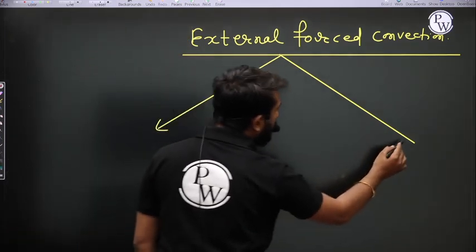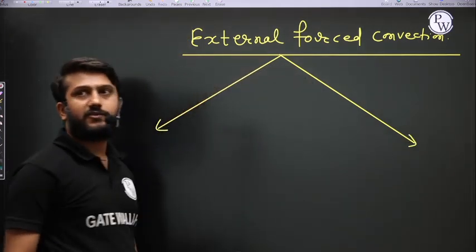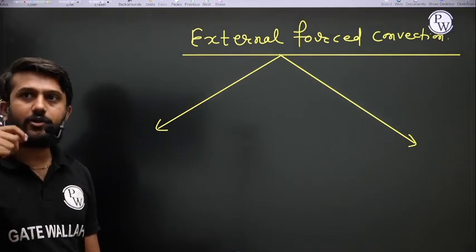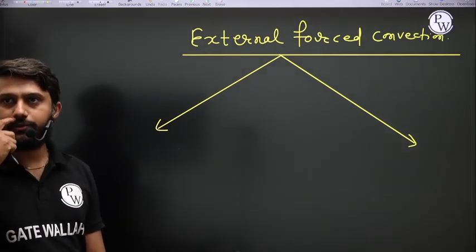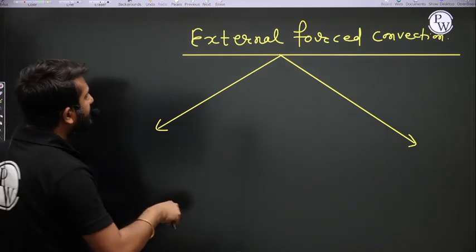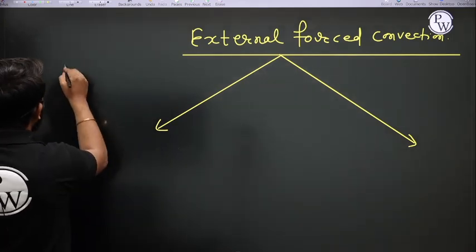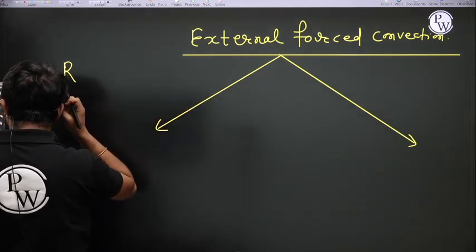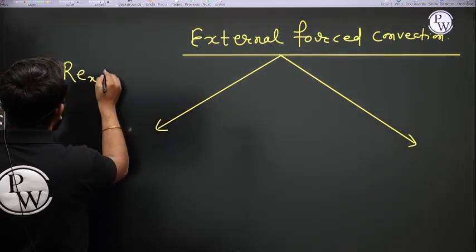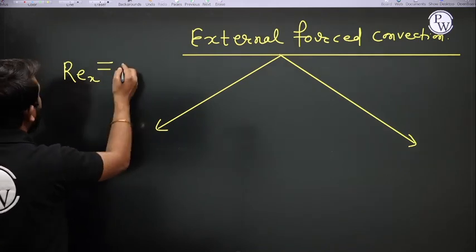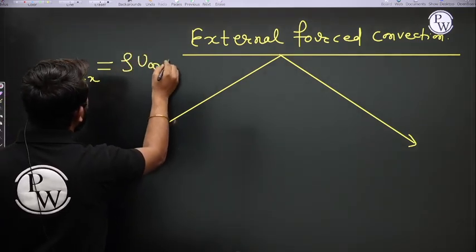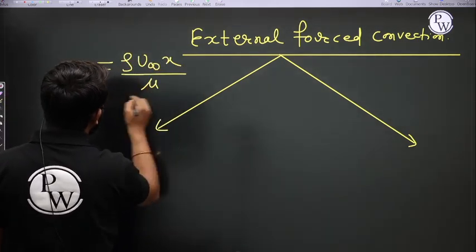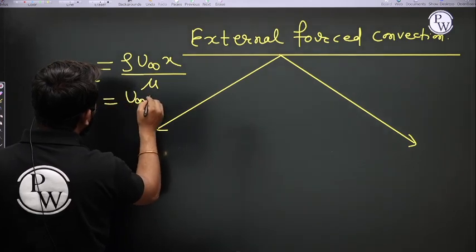And how can you identify whether the flow is laminar or turbulent? On the basis of the Reynolds number, as I already told you. So if there is external flow, first find out the Reynolds number, and the Reynolds number is rho u infinity x by mu, or you can say u infinity x by nu.